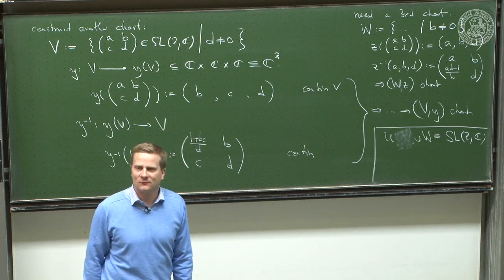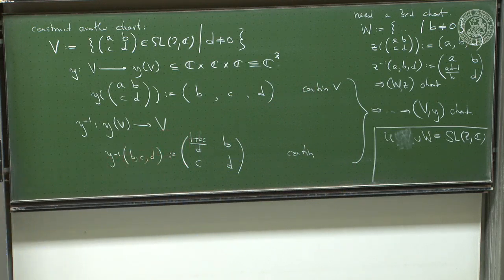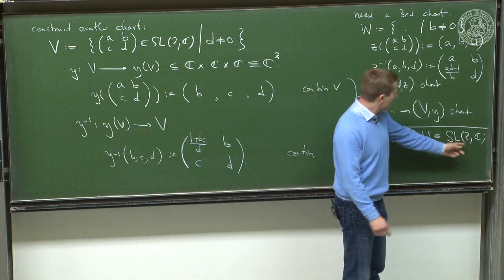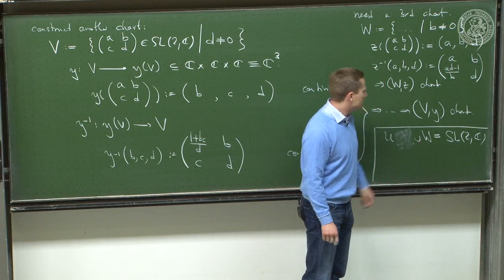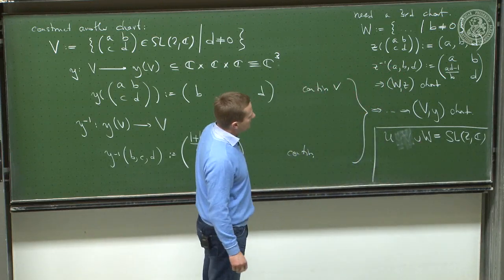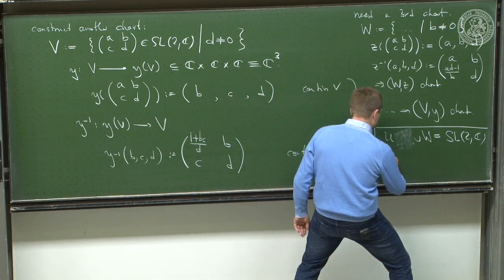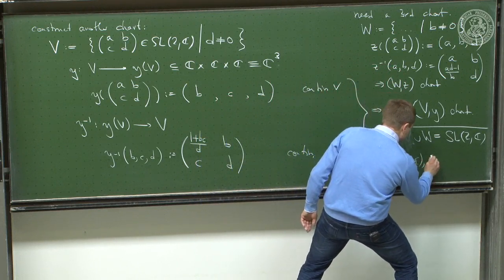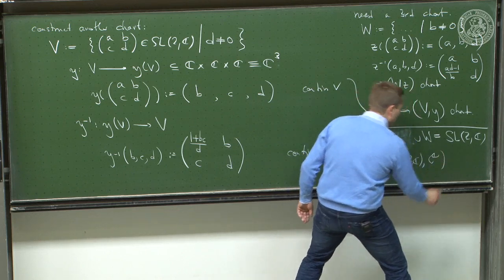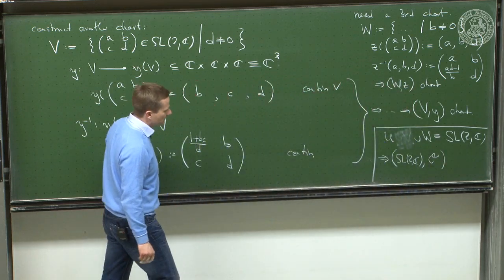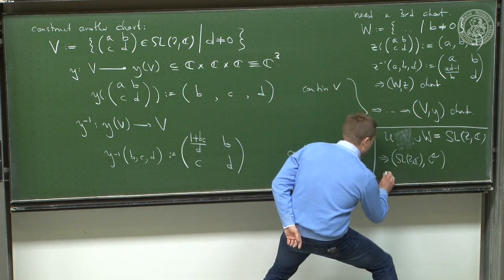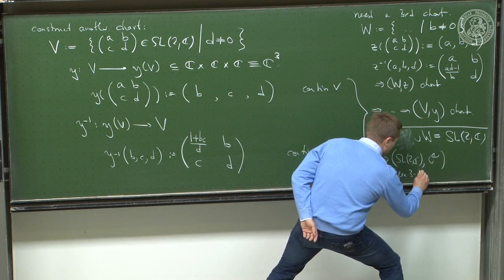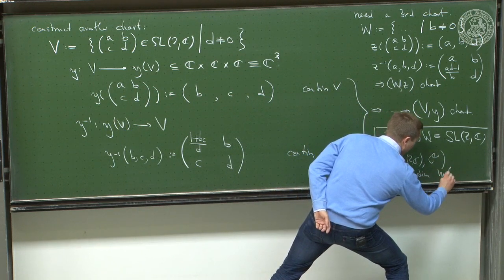Are we happy? We're happy. And they're all homeos. That also means that about every point of this guy, I have a homeo into some C to the 3. And from that, it immediately follows that SL2C with the already defined topology is a complex three-dimensional manifold.